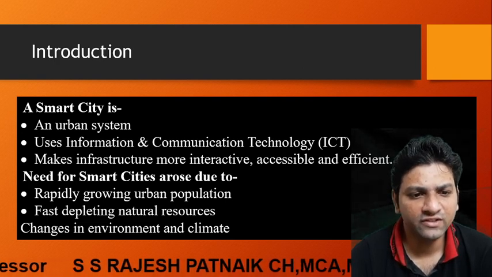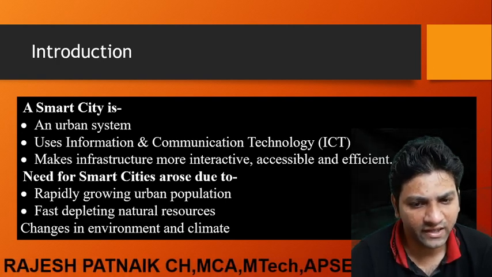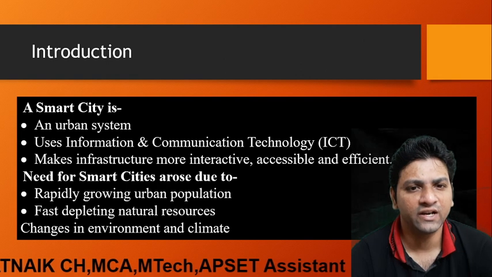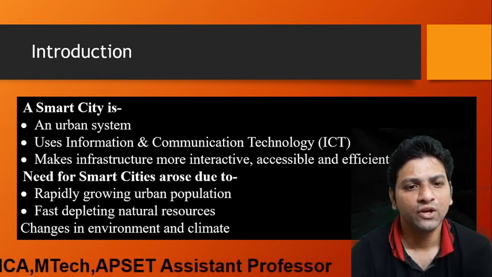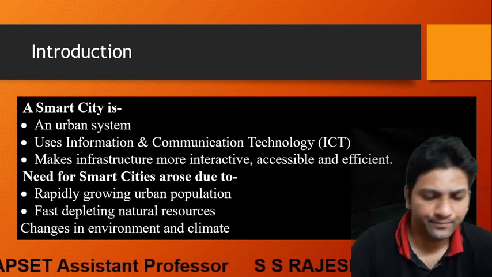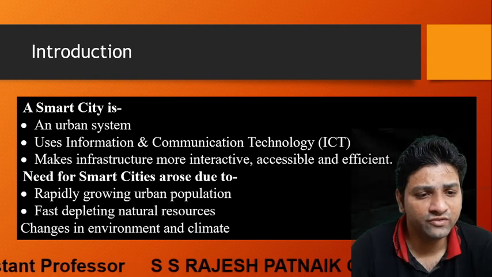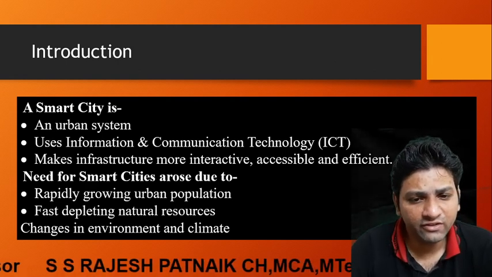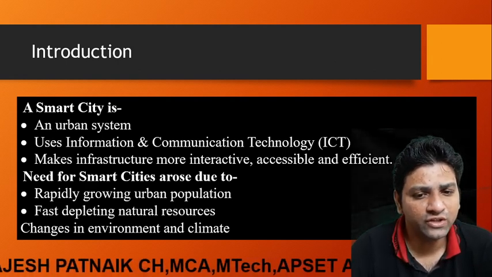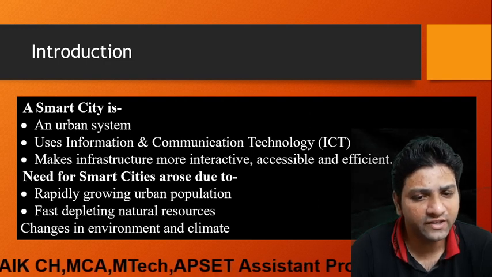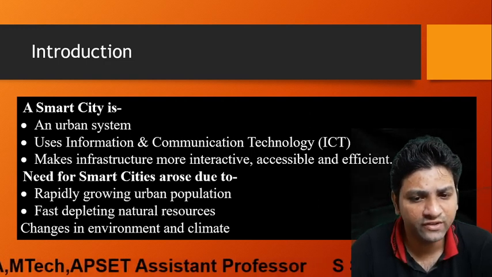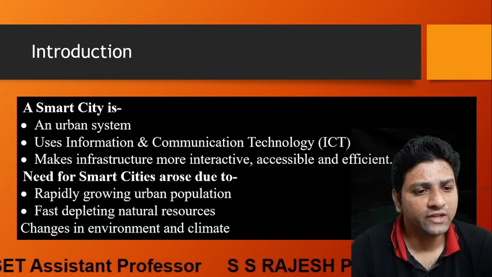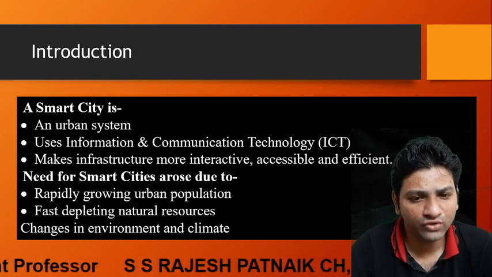These devices sense the data and give the information to the subscribed users. In the case of a smart city also, a huge amount of ICT tools and IoT devices are used for the purpose of making the smart city.